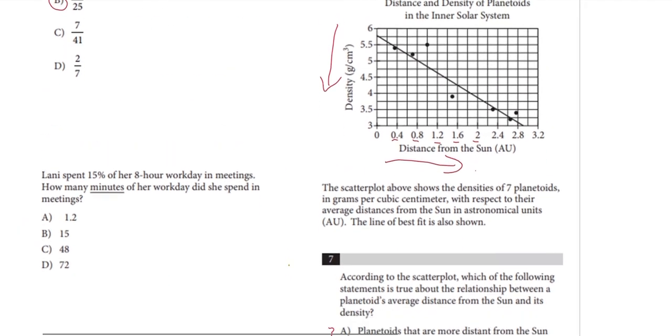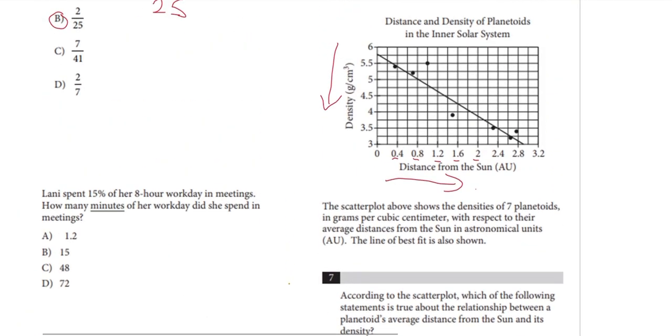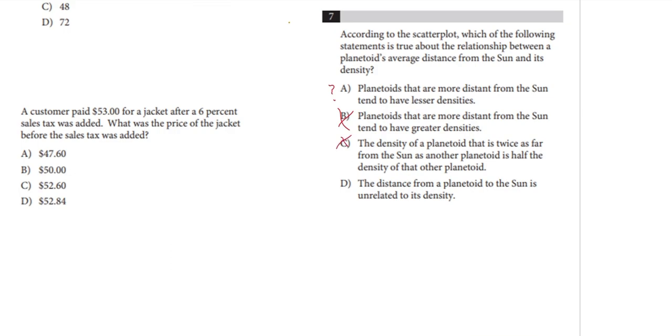So that's not necessarily true. Here we have one around 1.5, and it has a density close to 4. So if we cut that in half to around 0.8, that does not double the density. The density doesn't go to 8, it goes to around 5, 5.5. So C is not correct.